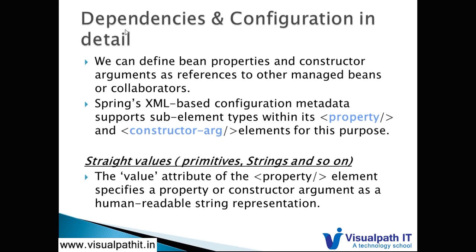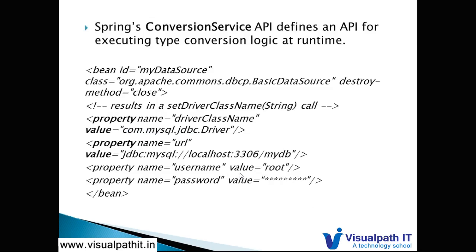So mainly under dependency and configuration, we will have mostly all the things done with the property and the constructor arg elements. The ways in which these dependencies and configurations are handled is, first, the straight values or the primitive strings and so on kind of dependencies.